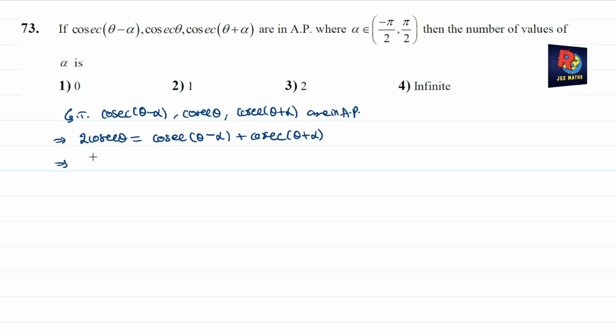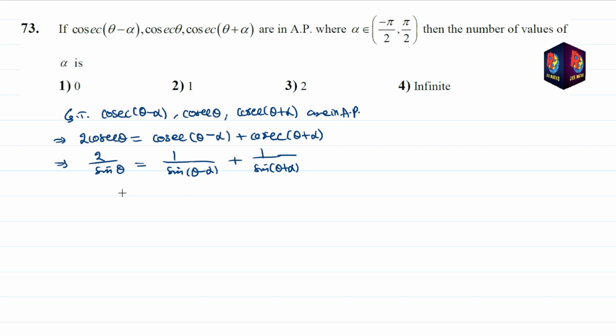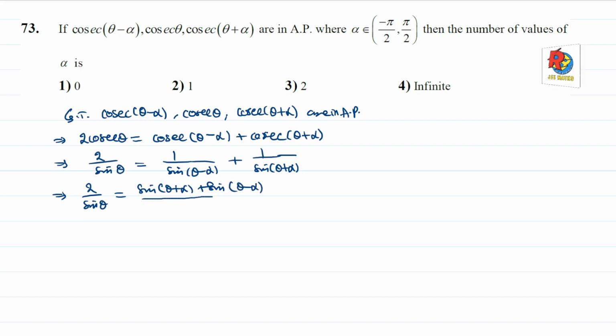So cosecant value I can write: 2 by sin theta equals 1 by sin of theta minus alpha plus 1 by sin of theta plus alpha. 2 by sin theta, if I take an LCM, sin of theta plus alpha plus sin of theta minus alpha, by sin of theta plus alpha into sin of theta minus alpha.